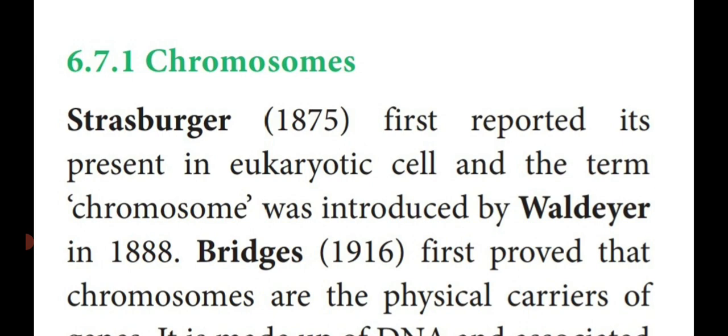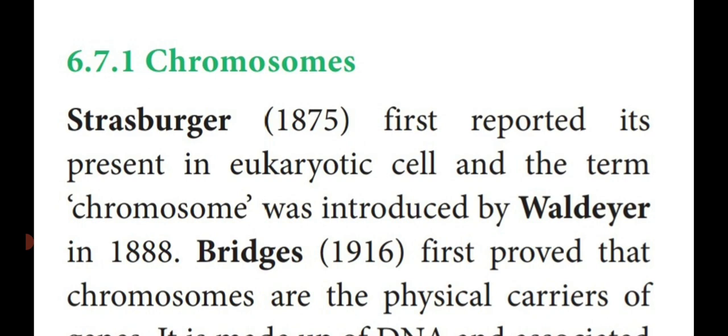Chromosomes. A scientist Strasburger in the year 1875 first reported the chromosome in the eukaryotic cell. It was first reported only. It is present in the eukaryotic cell. But the term chromosome was introduced by Waldeyer in the year 1888.